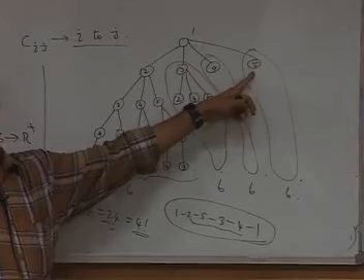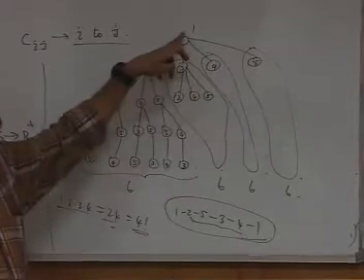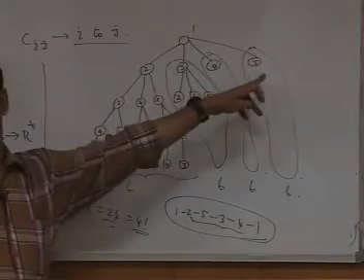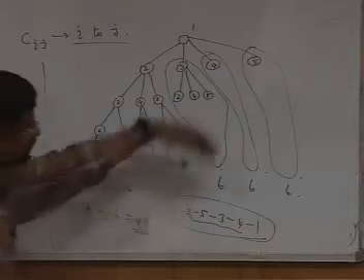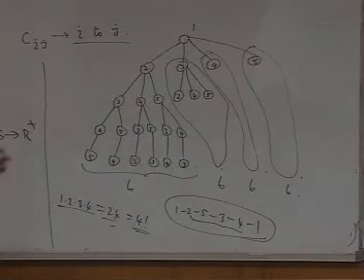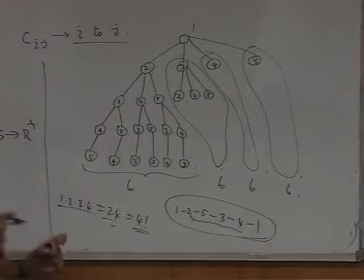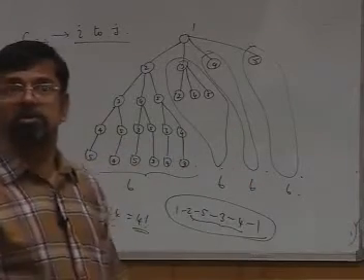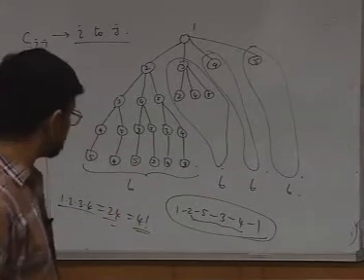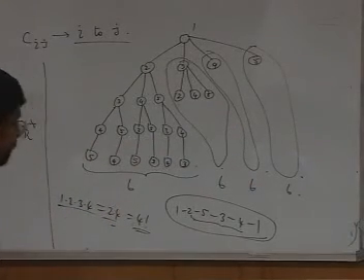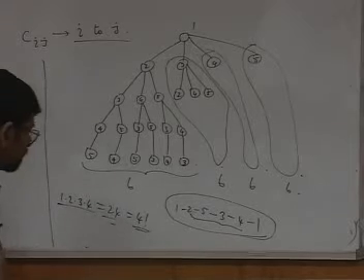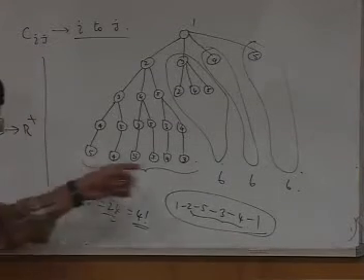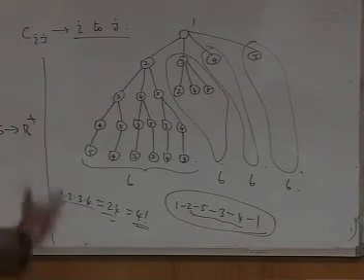N is 5, there are 5 numbers, 1 is put on the top, n minus 1 items are there, each one is generating the trees, and this is not a binary tree, as you can see, right. And the number of leaves here is factorial n minus 1.